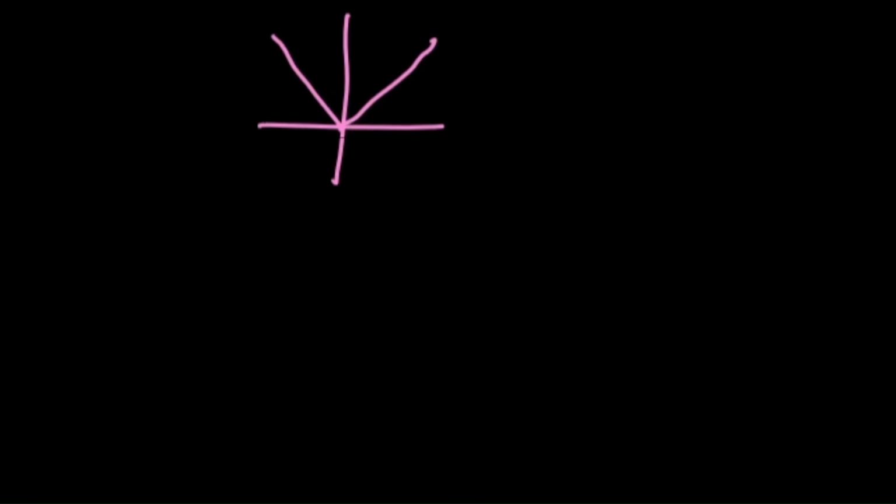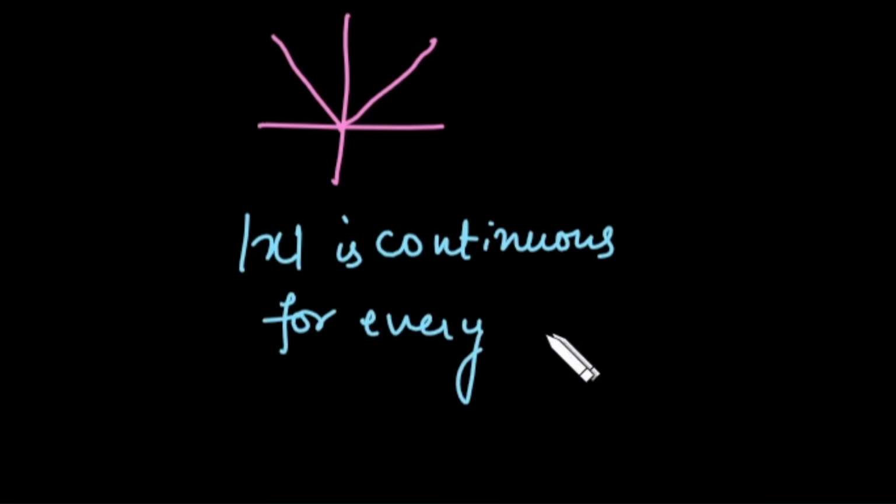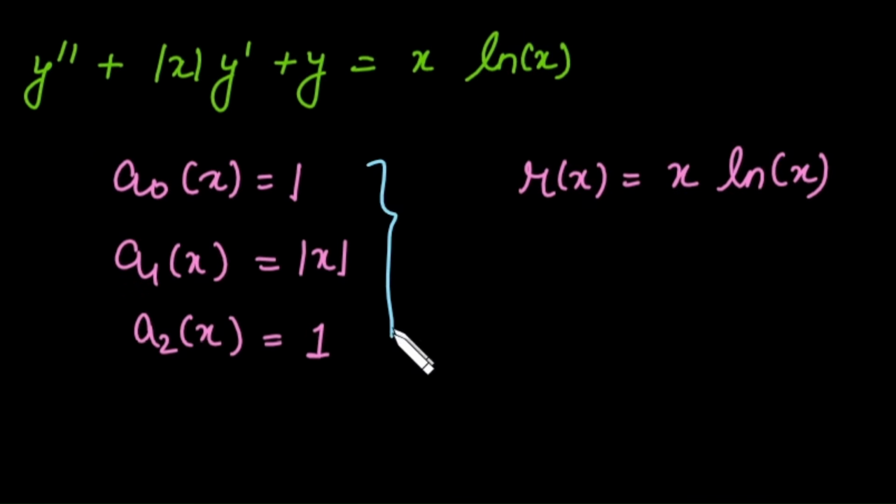Moreover, it is continuous for every real number. So mod x is continuous for every real number. So right now, from these three we are not getting any condition on x. We can take the whole set of real numbers.